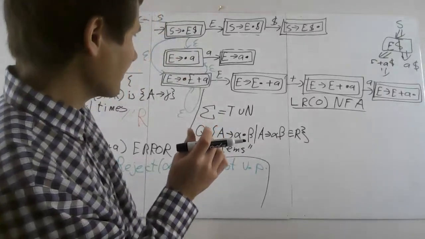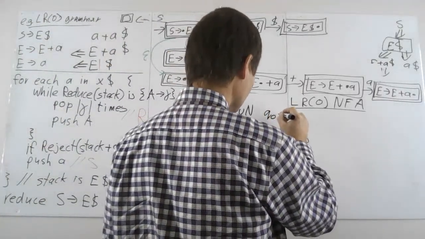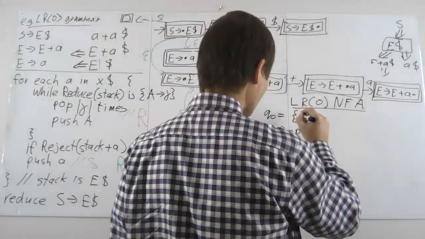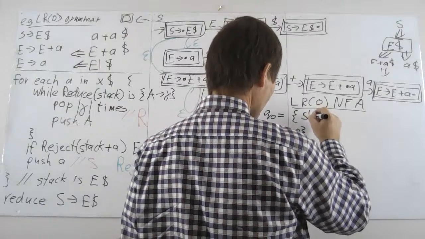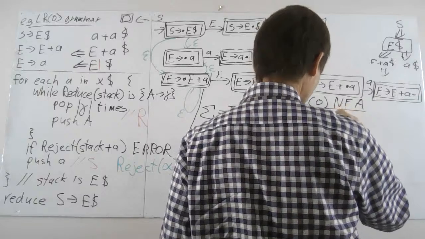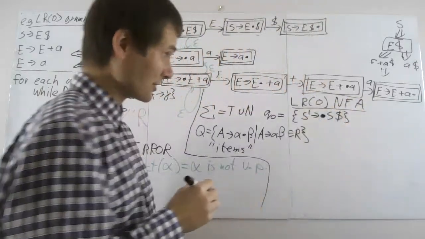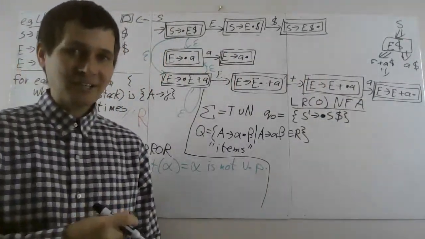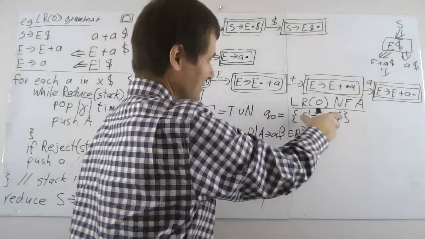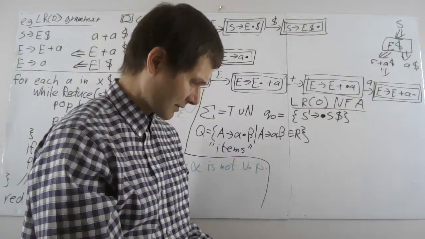All right, what do I need? I need a start state. So start state Q0 is, so I really want the augmenting rule of my grammar. So I'm going to write it as S prime goes to S dollar sign. The confusing thing is that for this example, S prime is S and S is E, but it's the augmenting rule of my grammar with the dot at the beginning.